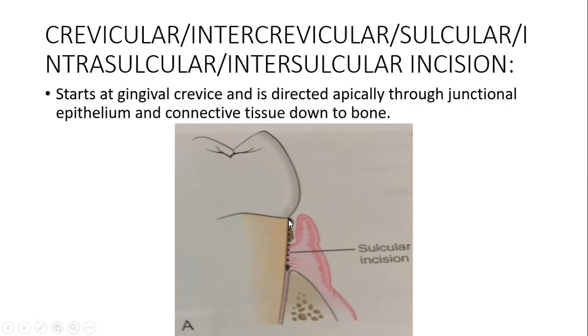The gingival crevice is the V-shaped space present at the gingiva, and the incision starts there, as you can see here, and is directed apically, that is downward, through the junctional epithelium and the connective tissue down to the bone. You can see very clearly it's a straight incision. It starts at the gingival crevice, directed apically through the junctional epithelium and connective tissue down to the bone. So this is the crevicular incision.